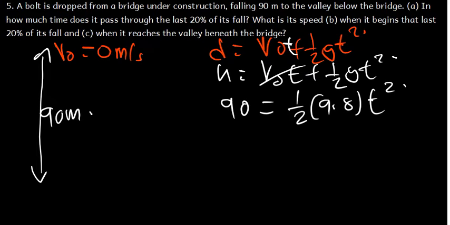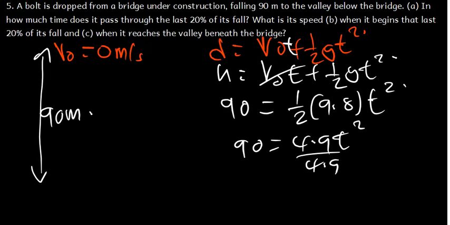Now we can see that 90 is going to be 4.9 t squared. We divide both sides by 4.9. So t squared will be equal to 90 divided by 4.9, which is 18.36.